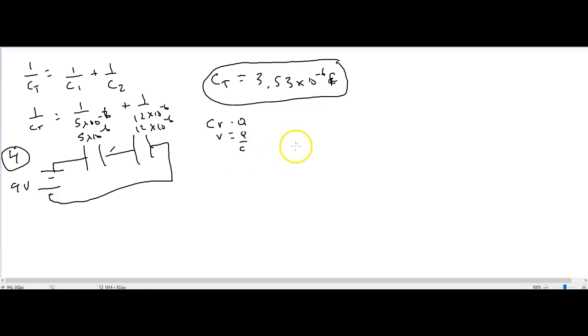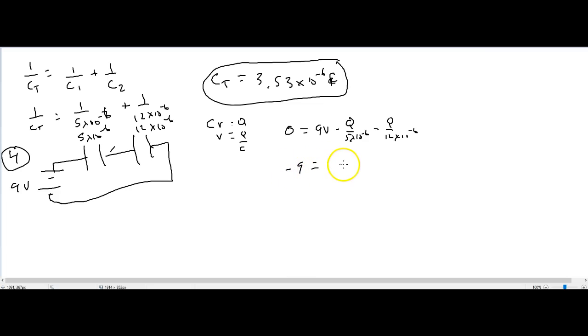And so I know one trip around equals 0, which is going up 9 volts minus Q over 5 times 10 to the negative 6th, minus Q over 12 times 10 to the negative 6th. These Q's have to be the same.